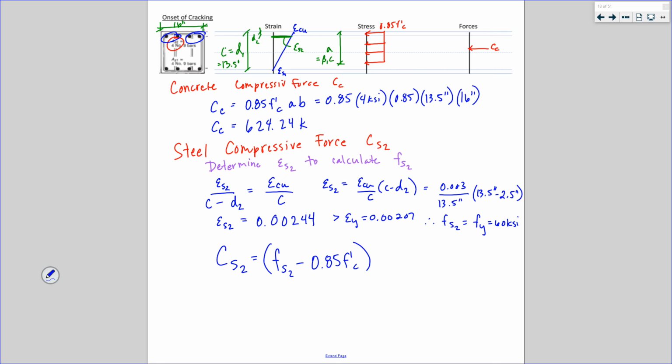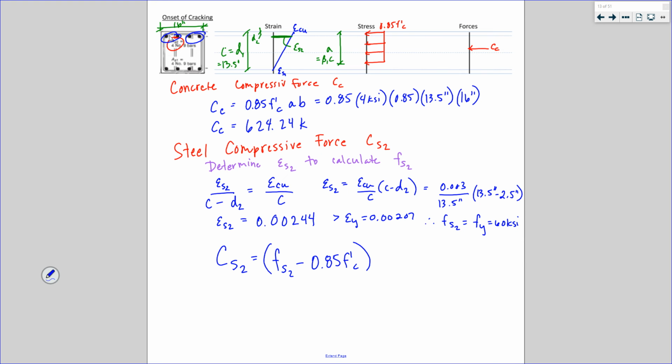We're doing it down here in the compression force so that the centroids of those two forces coincide, and you don't have to find out where the centroid is of A times B minus your area of steel up here. Go back and look at compression reinforcement to remind yourself why we're doing that. But this is what we're doing.